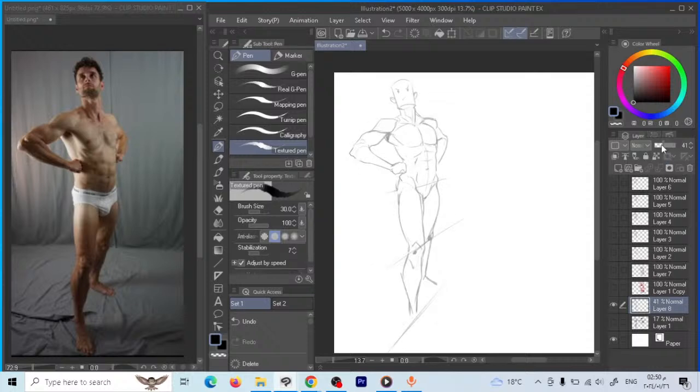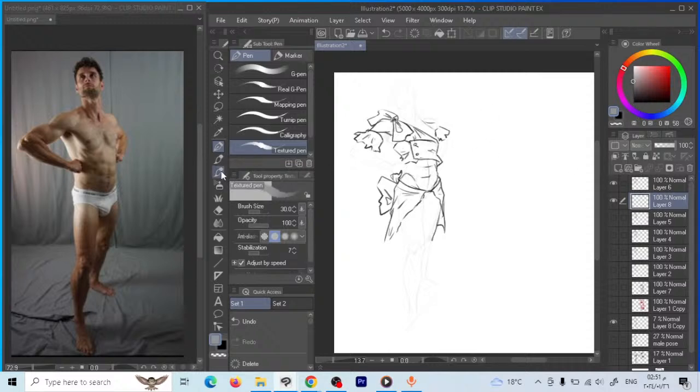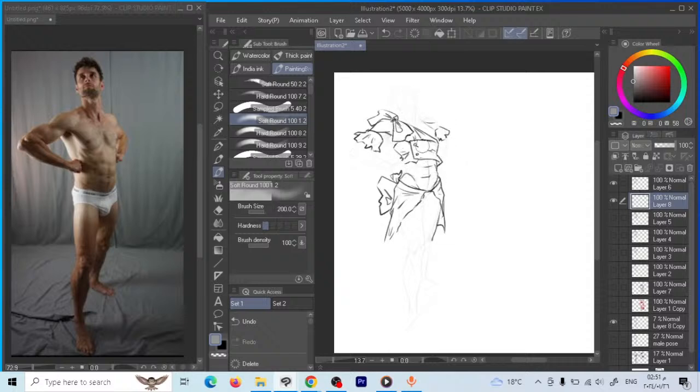So I lower the opacity and then go for this one. For this one, let's keep the original and the male pose, and for this one I'll drop the opacity, because I'm not actually seeing from those sketchy lines, so I'm gonna drop some values on those.